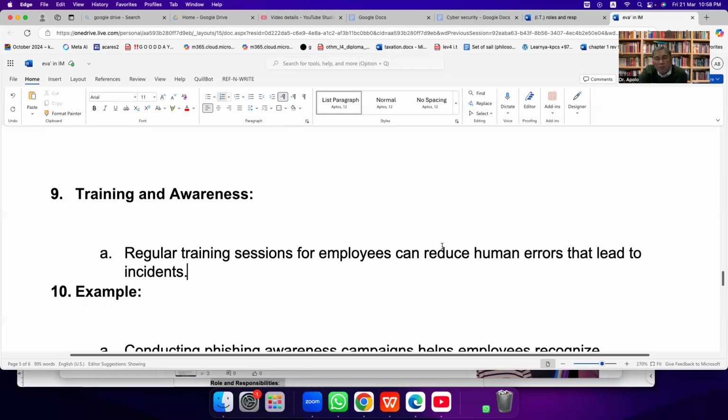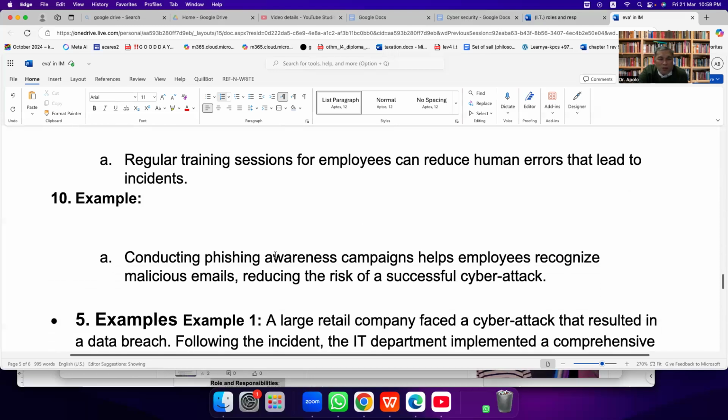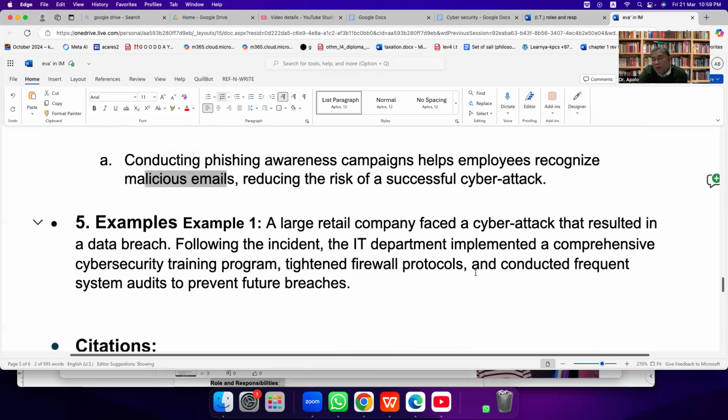Sometimes they ask for the password, and the staff gives the password because he doesn't know. He thought it was the boss, or the police. Example, conducting a phishing awareness campaign helps employees recognize malicious emails, reducing the risk of successful cyber attacks. Emails are the entry tunnel of most of these attacks.